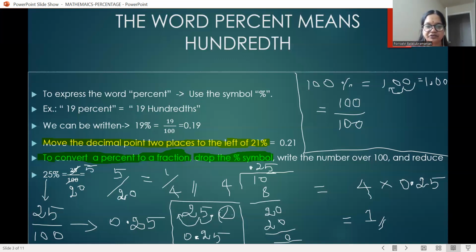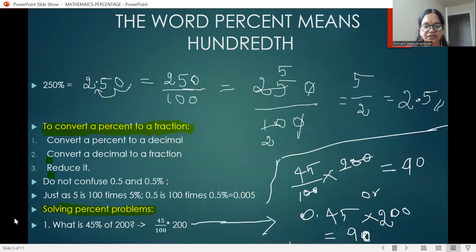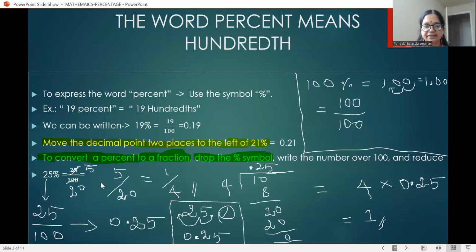So in this 25 divided by 100, you have to choose one common value to divide both numerator and denominator. Before that, you have to analyze the numerator and denominator values. Here the numerator is an odd number, the denominator is an even number. If you choose number 2, you cannot divide 25, but you can divide 100 by 2.